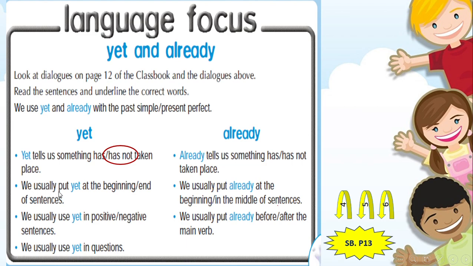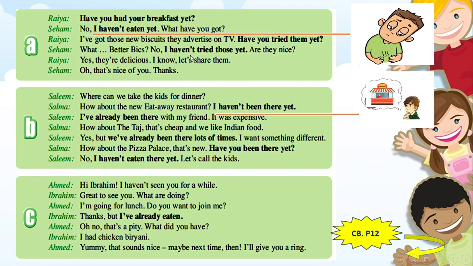Now let us move to the next one. We usually put yet at the beginning or at the end of the sentences. Let us go to the dialogues and discover that. Look here. I haven't eaten yet. Where is yet here? It is at the end. Excellent. Let us look here, students. I haven't been there yet.